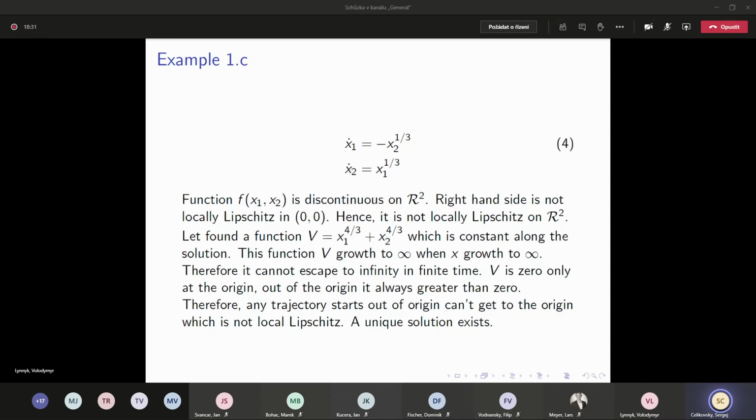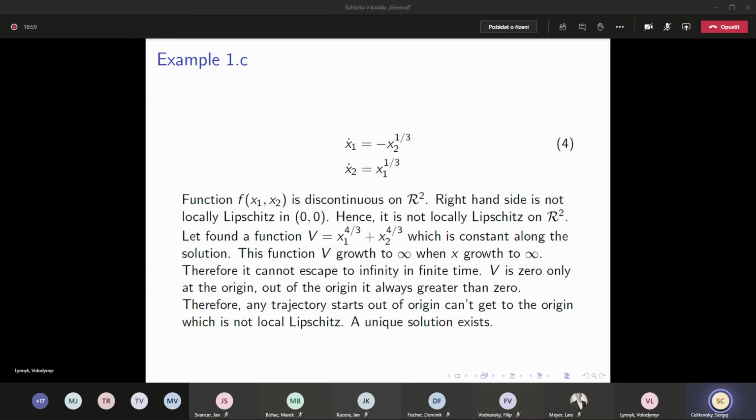Therefore, at the origin there is only one solution, which is the equilibrium solution. So this is not the case like in some simpler example in lectures, like x dot equal cubic root of x, which allows two solutions. Even if you have the same cubic root, the solution is always unique and exists, and the system behaves perfectly.